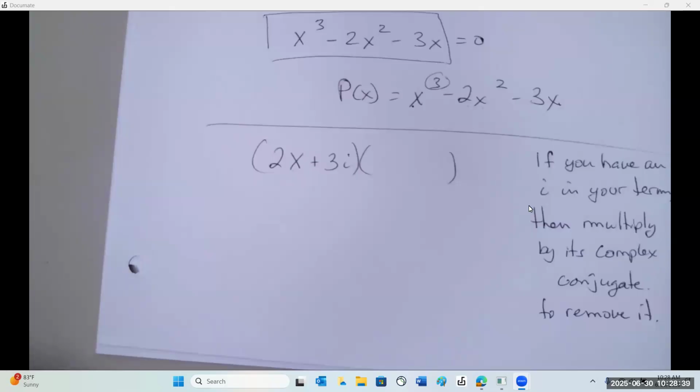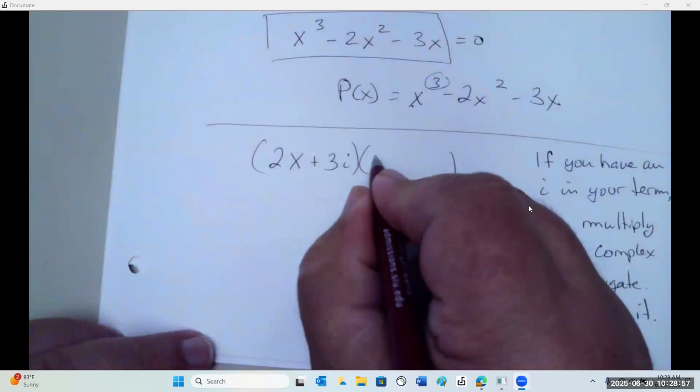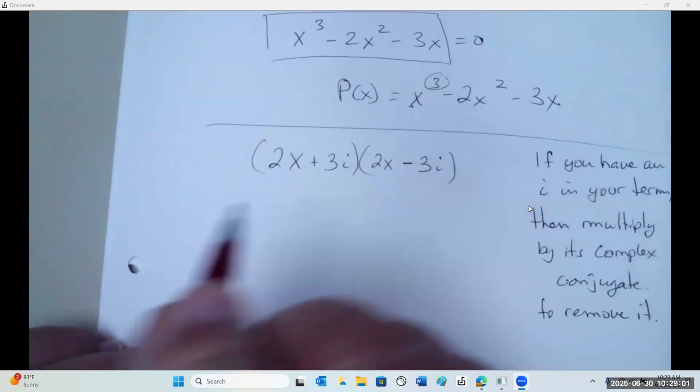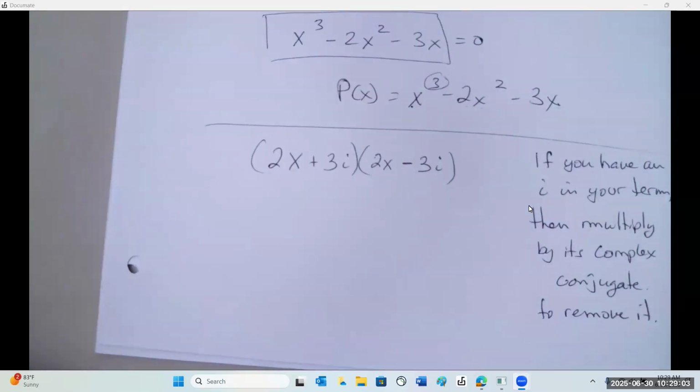I'll let y'all find this one. Complex conjugate is where you change the sign in front of the x, or in front of the i.